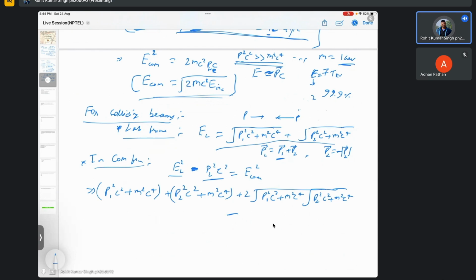So P_L is P1 plus P2, so it's P1 square C square minus P2 square C square, and because we are writing the magnitude, this will change the sign, like this, right? And this is the center of mass energy square.